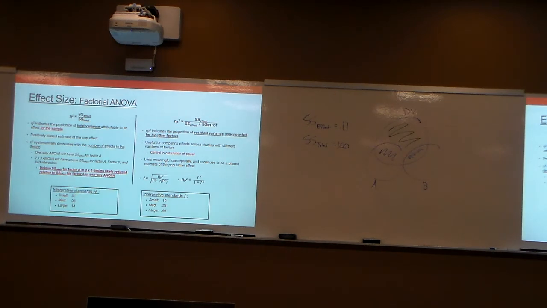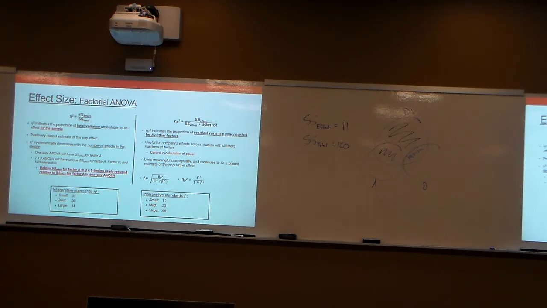We see partial eta squared also central in the calculation of power. When we're going through and doing power analyses, partial eta squared is the statistic that you'll be using. Conceptually, it's kind of more problematic. It's hard to say that for my factor, this is the proportion of residual variability in the outcome that's attributable to this factor.